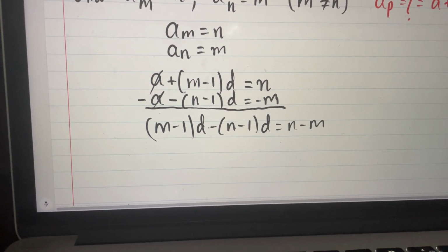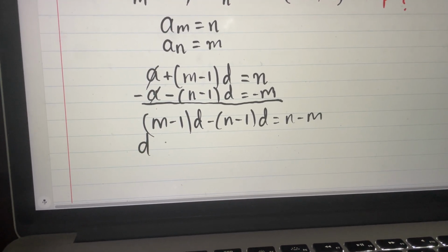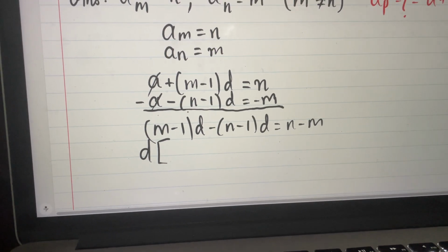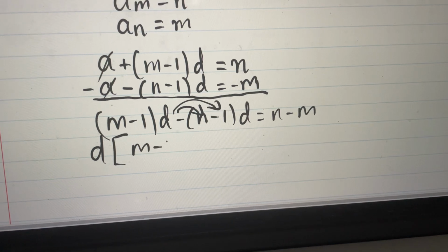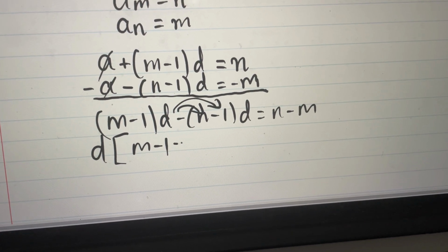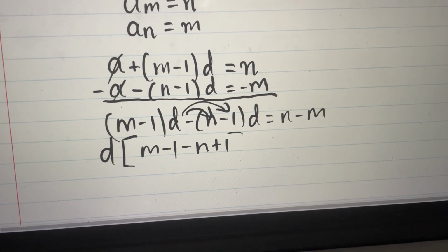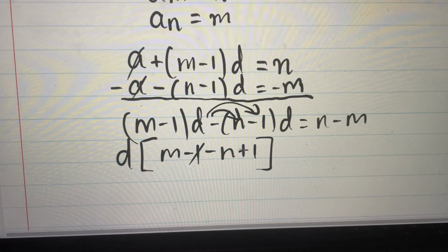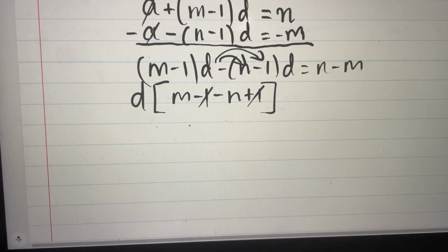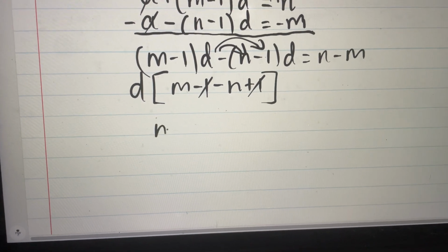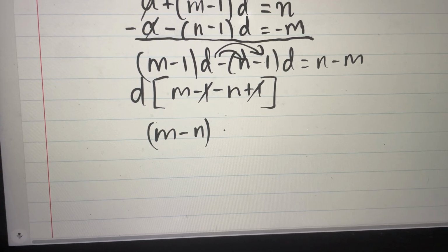Let's distribute the d out because d is common. Let me distribute these first with n minus 1. Then it's gonna be minus n plus 1. Now I can get rid of these ones. So I get (m minus n) times d.